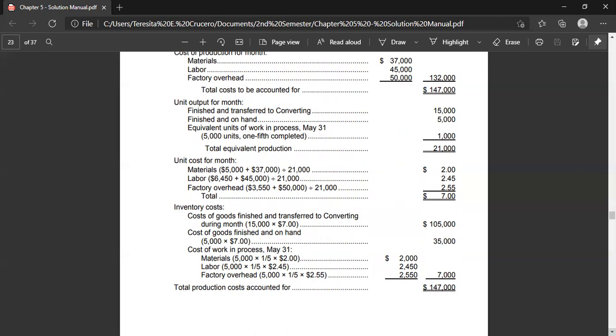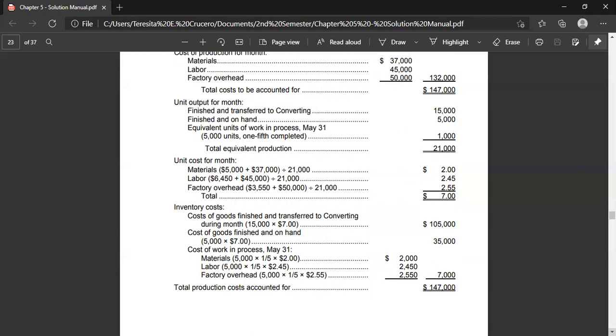And you have your cost of the work in process, May 31, taken by for materials, you multiply 5,000 times 1/5, the equivalent production, then you multiply that by 2.